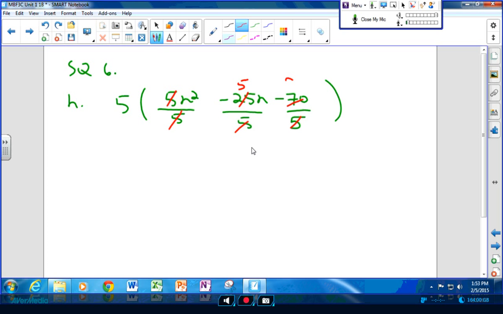Right, which gives us 14. So now we can rewrite this as 5 times n squared minus 5n minus 14. You can factor this second part, right? Because now it's in the proper format, and then your answer will just be 5 times n, and then there'll be 2 n terms in there.